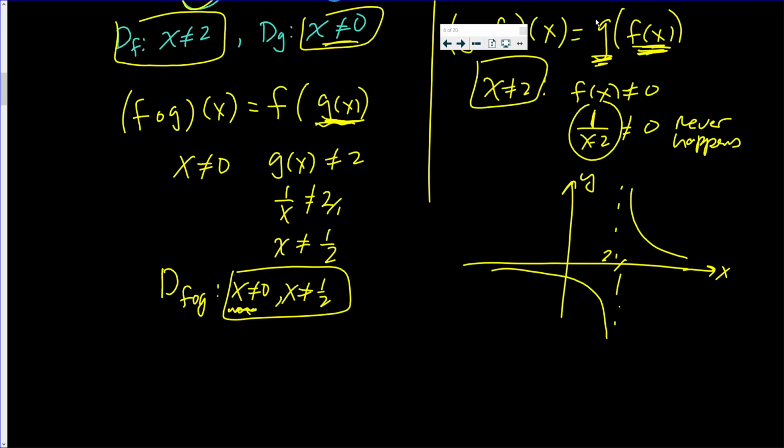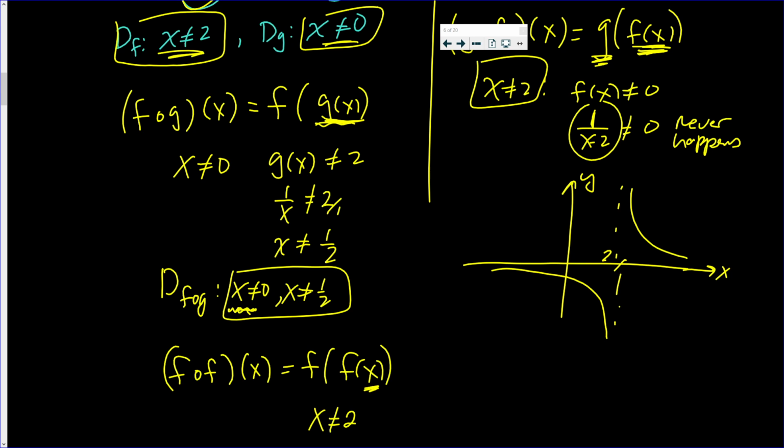What about f circle f? f circle f of x. This is f of f of x. So I'm taking f of that. So it's x, so what can I take f of? I can take f of 2. But now I'm taking f of that. And what I'm taking f of can't be 2.